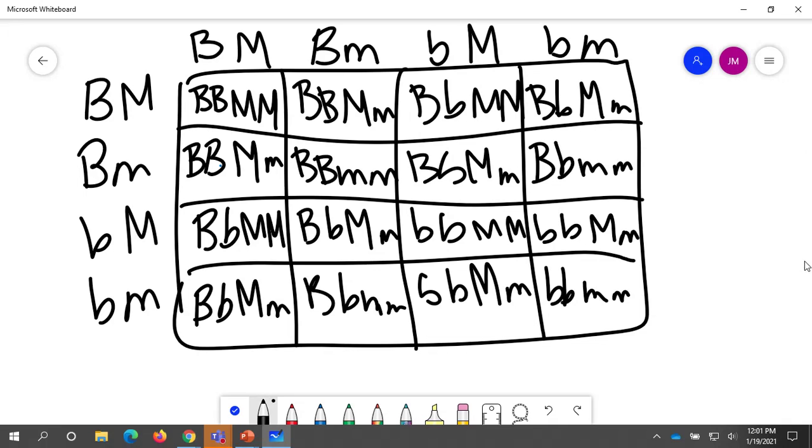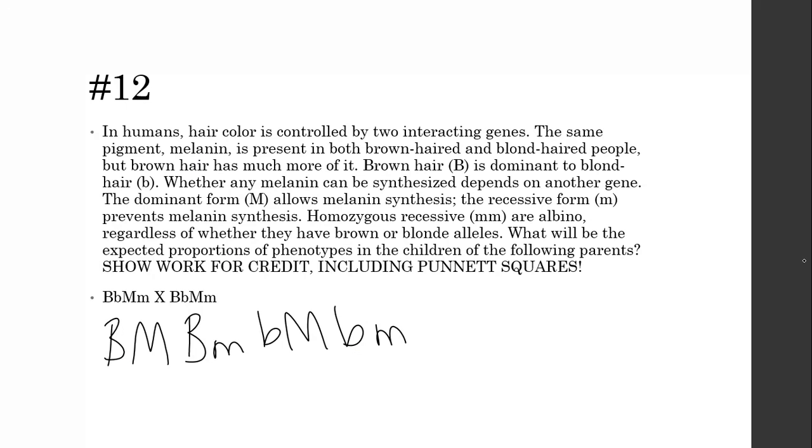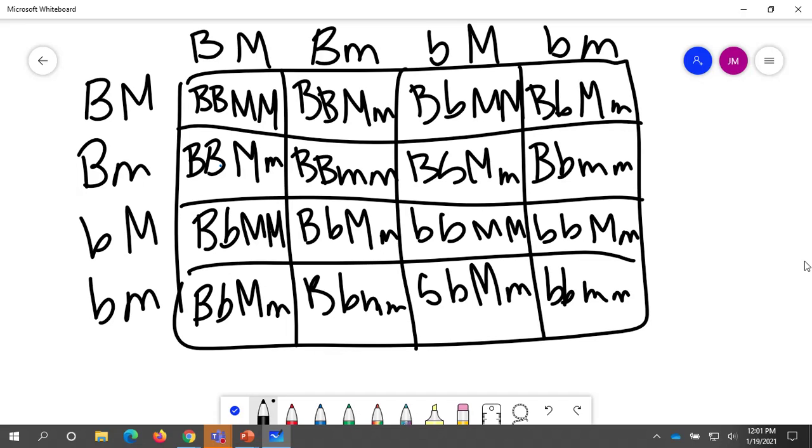We have brown hair, melanin. So brown hair, melanin. We have brown hair, no melanin. We have blonde hair, melanin, and blonde hair, no melanin.